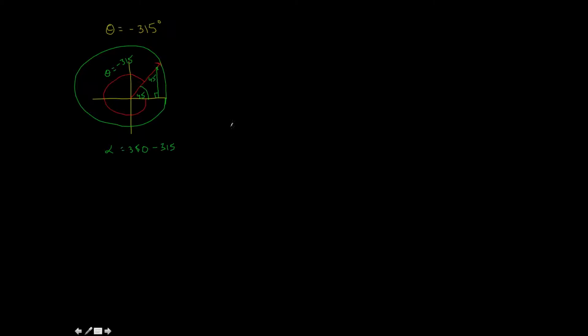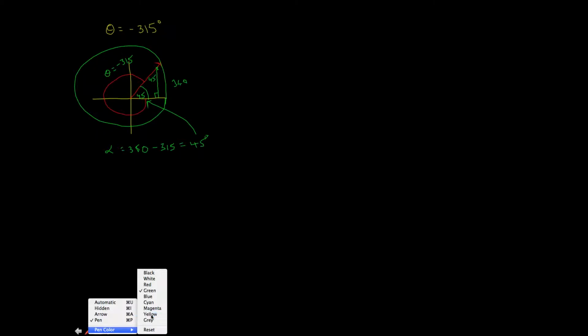It's eating up 315 degrees of our 360 degree circle. So how many degrees are left? Well, obviously, if it's eating up 315, whether it's positive or negative, 45 are going to be left over. So that's how I knew that angle alpha was 45 degrees there. Okay?